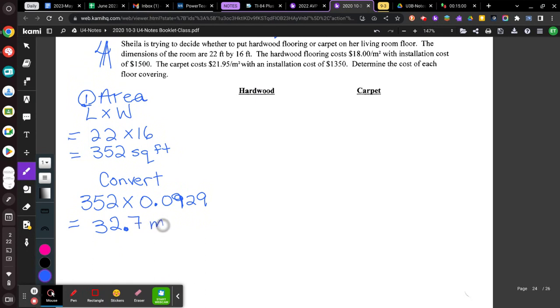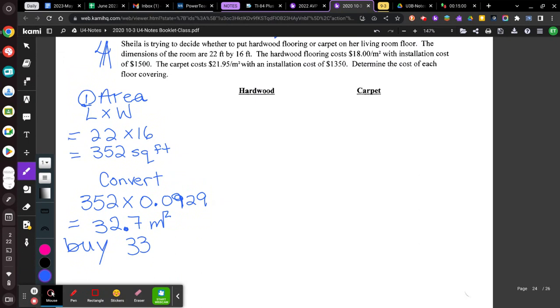Now, when you're buying an area of material, whether meters squared or square feet, you need to round it to the nearest whole number. So I would be buying 33 meters squared because you can't buy 0.7 of a meter squared. So you need to buy 33 meters squared.